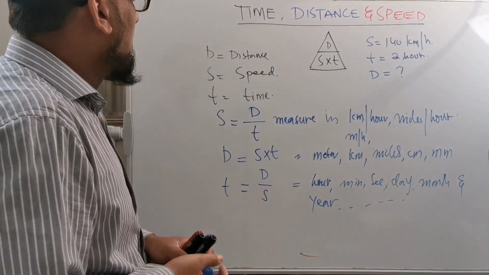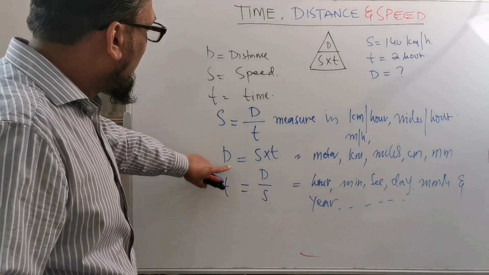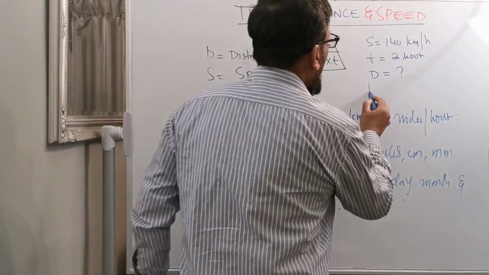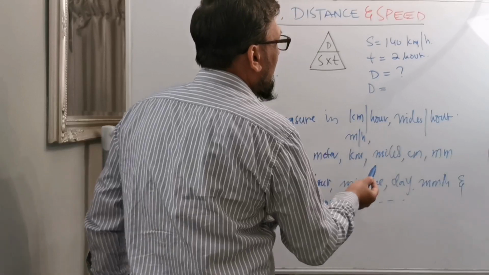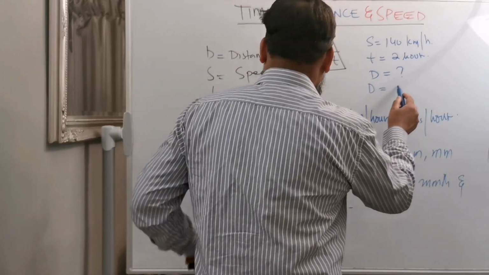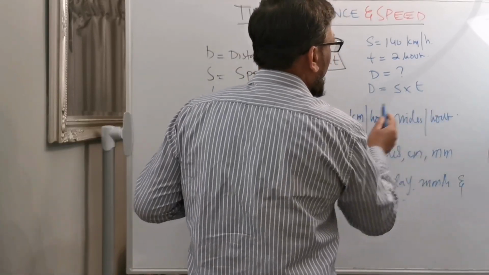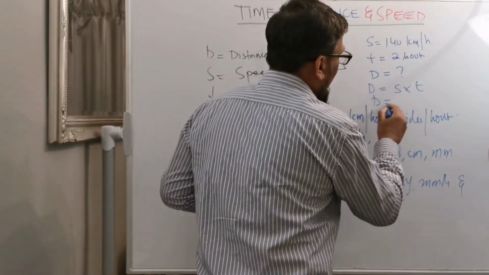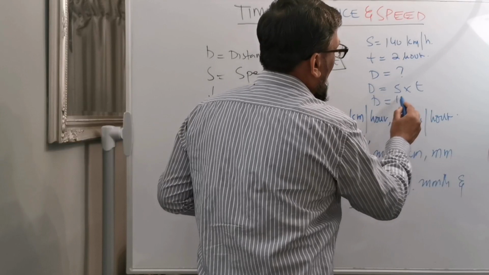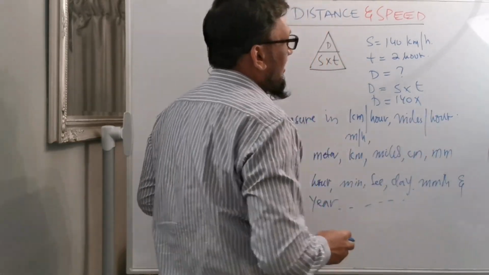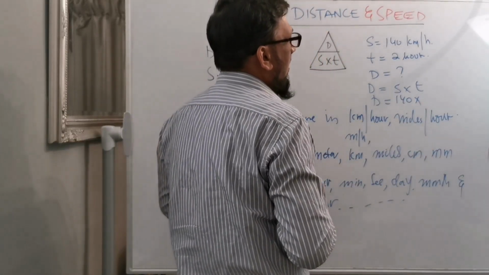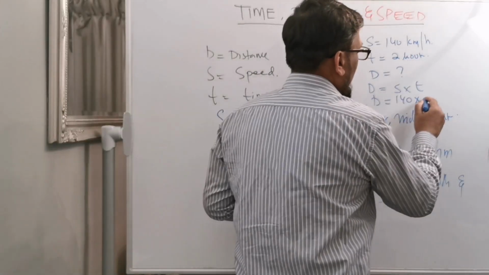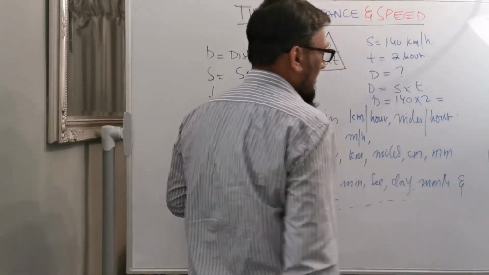Very simple. Just go here and see the D. So D equal to what? S times T. So the speed is 140 kilometer per hour and it takes 2 hours.